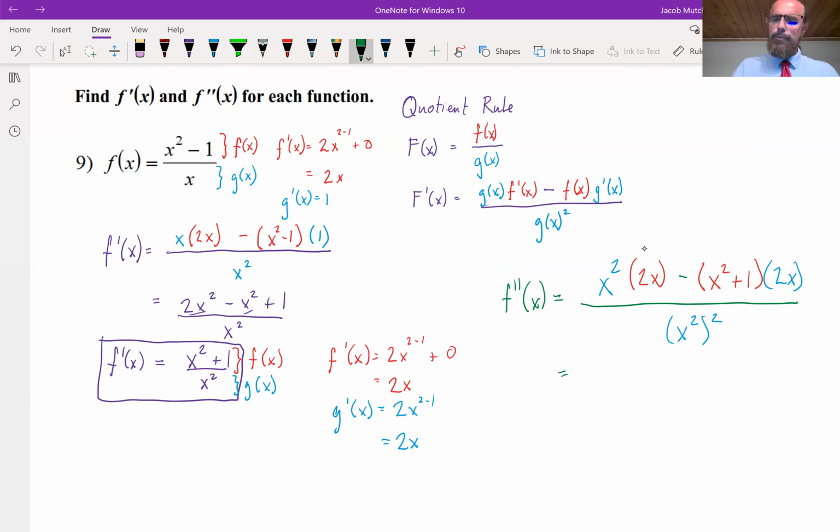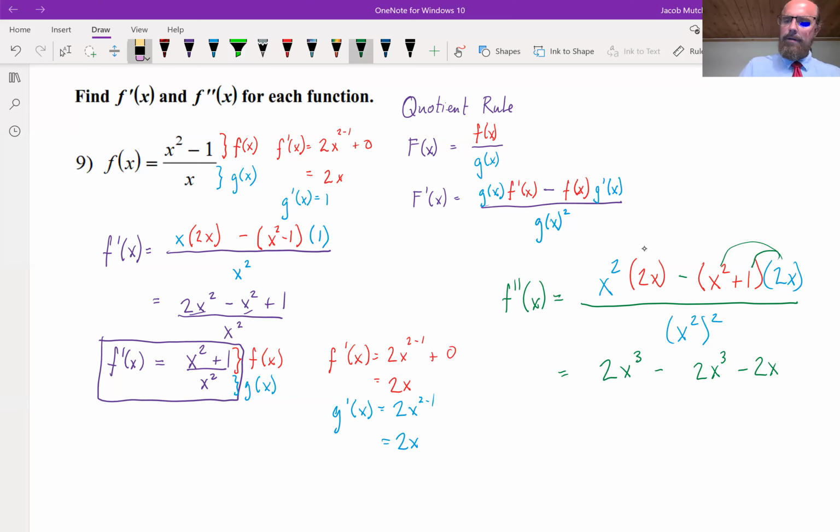So from this first product, we get 2x to the power of 3. I'll put my minus, let's distribute here. So 2x times x squared is 2x cubed. And then 2x times the 1 is plus 2x. And I see that I can distribute that minus sign by changing both of these signs to minus.